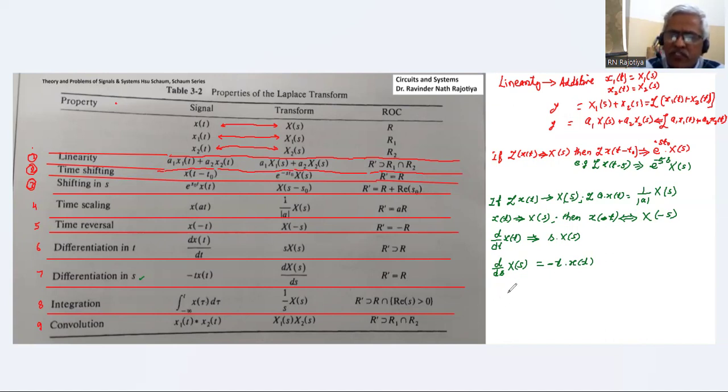Similarly, the integration in the time domain.